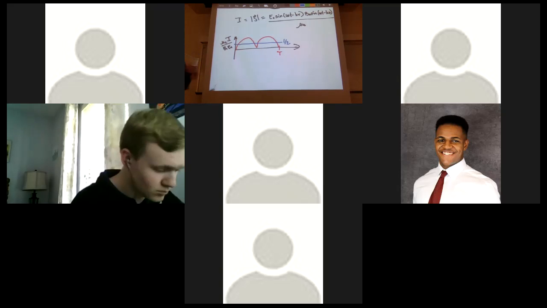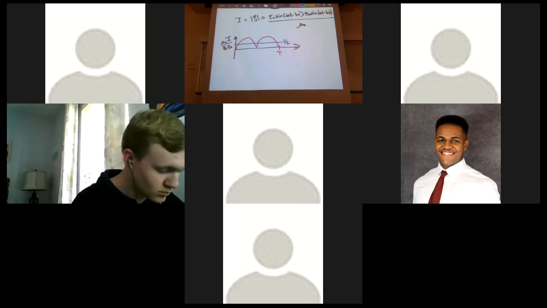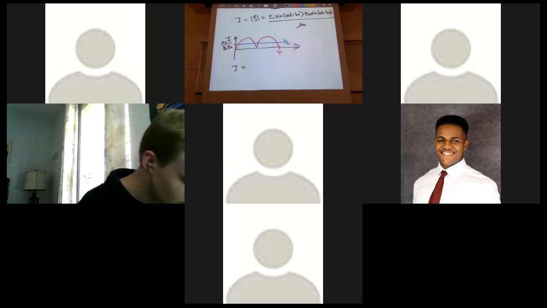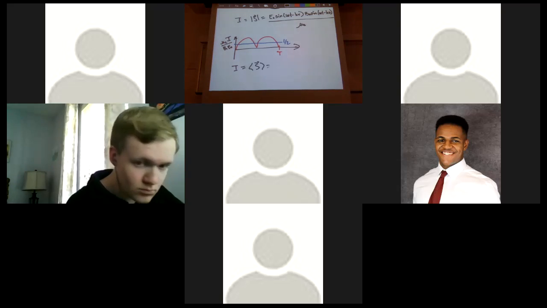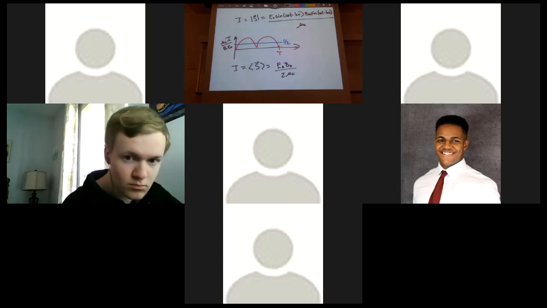So most of the time what we're interested in is not necessarily the intensity or the magnitude of the Poynting vector, but actually the average of that. So typically we're going to say that the intensity is equal to the time average of the Poynting vector, which in this case is going to be equal to E0 B0 divided by twice mu naught. This is what we're going to call the time average.